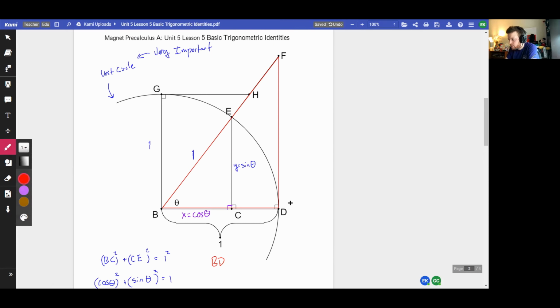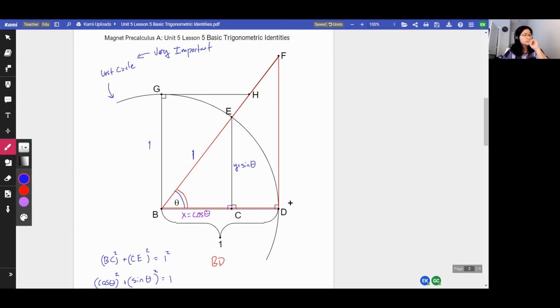Yeah, because reflexive once again comes in to save the day. They are the same angle. They're on top of each other. This angle is congruent to this angle, right? And they both share a right angle, right?